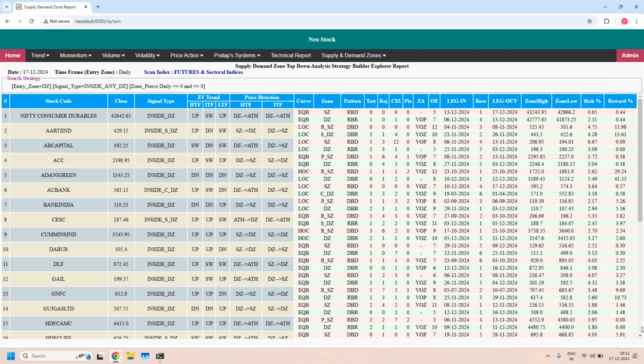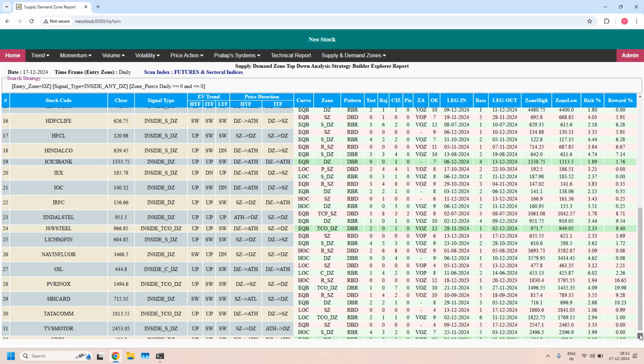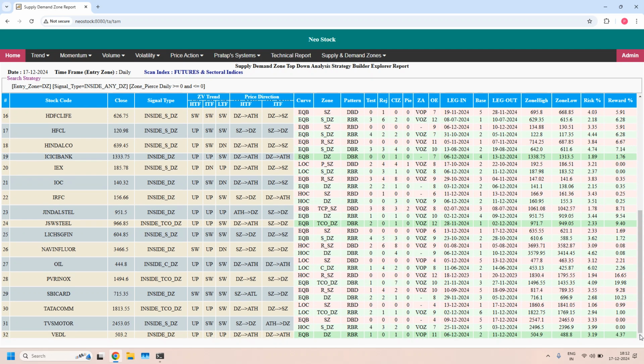First 15 stocks where price closed inside the daily demand zone. I am scrolling the list down. Further scrolling the list down. So total 32 stocks are filtered where price closed inside the daily demand zone.